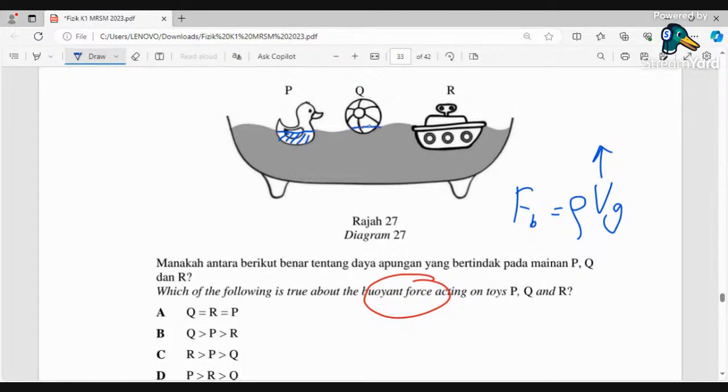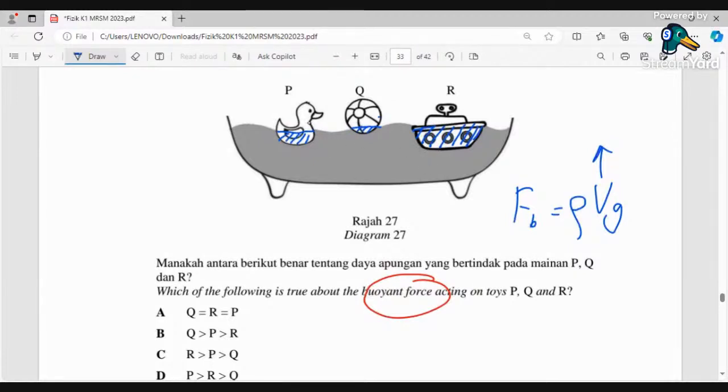Berapa persen daripada objek itu yang submerged? Okay, kalau you lihat sini, you nampak R tu, bahagian dalam water tu dia lebih besar. So volume of water displaced by R is larger than P, larger than Q. So when volume of water displaced by R is the highest, means the buoyant force R is higher.